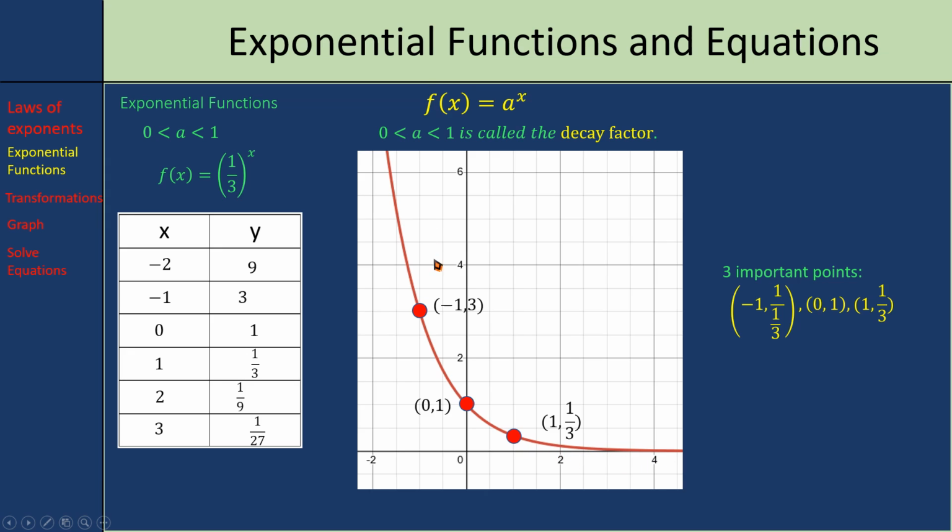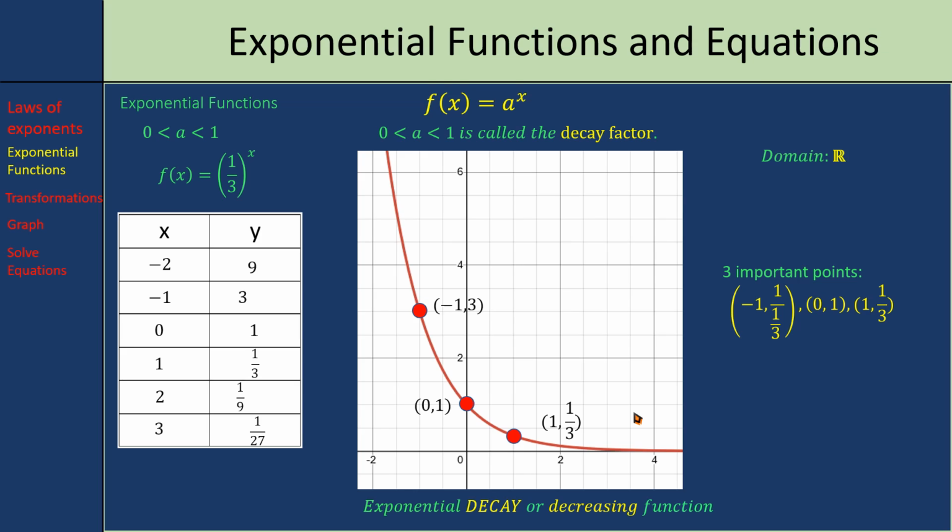So if you look at the graph and when you go toward the right, if the graph flattens out, it's decay. Whereas if it gets really steep, then it's growth. Okay, it doesn't matter if it's going up or down. As long as it's flat, it's decay. If it's steep, it's growth. So this one is called decay because it's really getting flat as you go to the right. Okay, or we can call this a decreasing function.